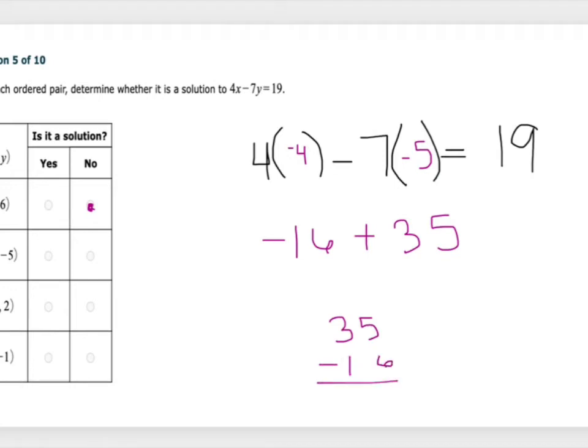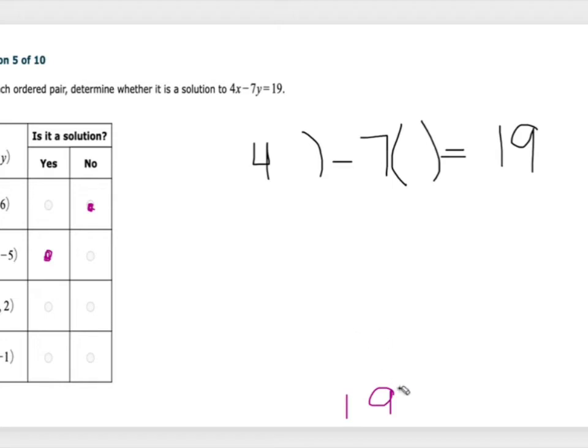The 15 take away the 6 is 9. So yes, this one works. We erase. We try the next one.